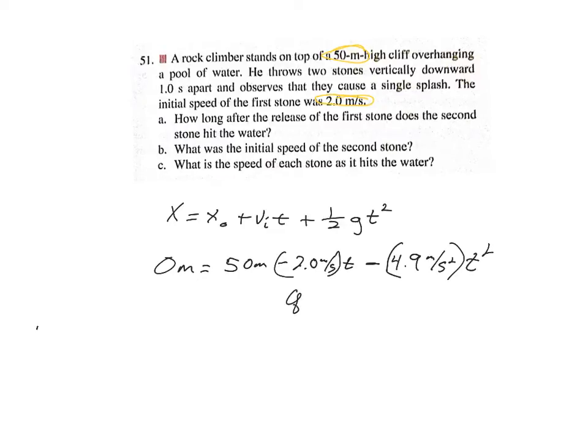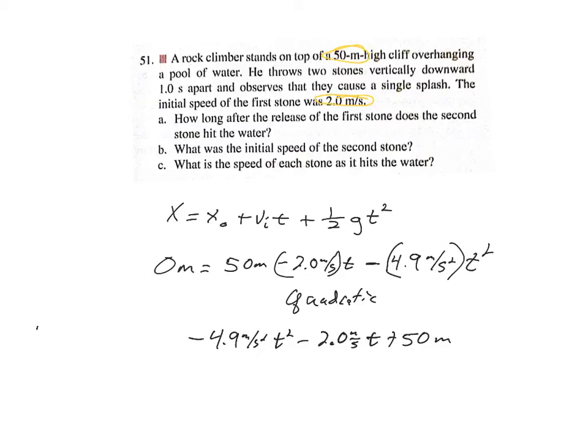This is a quadratic. When I go to my quadratic solver on Google, it's going to turn into negative 4.9 meters per second squared t squared minus 2.0 meters per second t plus 50.